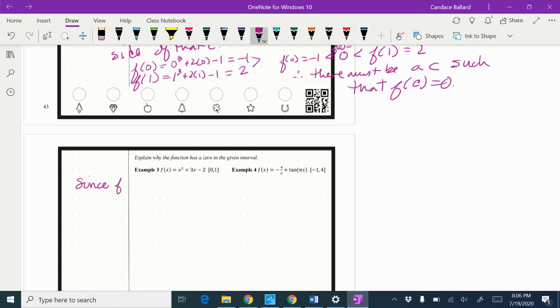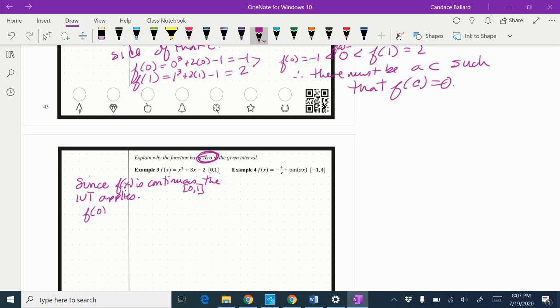So since f of x is continuous, the intermediate value theorem applies. Or continuous, I really should have written the interval, continuous on 0, 1. And then I really should do this calculation here and put these x values in and see what the y values are, because again, we're looking for a 0.